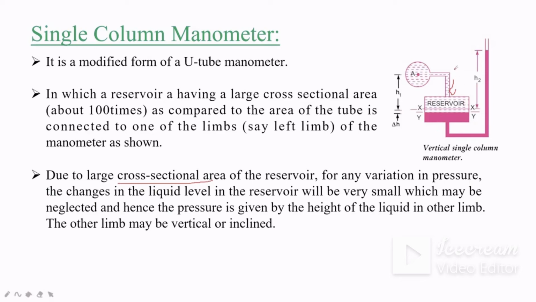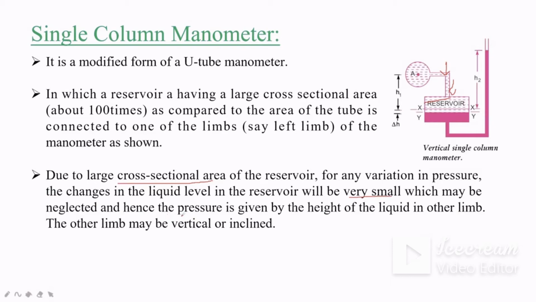Because it is 100 times greater than the tube where the pressure is to be measured, the change in the liquid level in the reservoir will be very small, which may be neglected. Hence the pressure is given by the height of the liquid in the other limb. The other limb may be vertical or inclined.